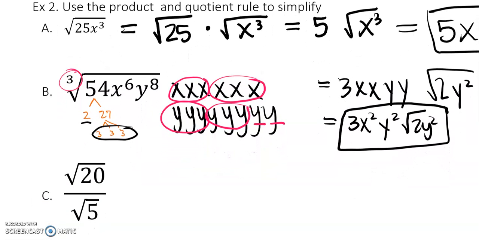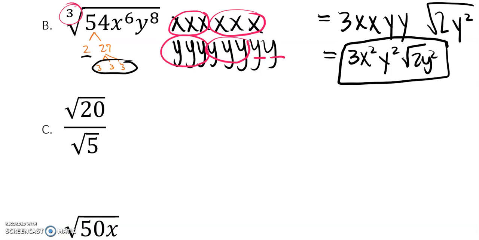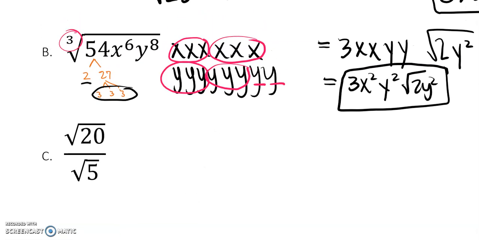Alright, so next we have the square root of 20 over the square root of 5. So we actually probably want to combine those, because if you notice 20 and 5, if you do 20 divided by 5, you get 4. So we could actually combine it underneath one roof or one radical.